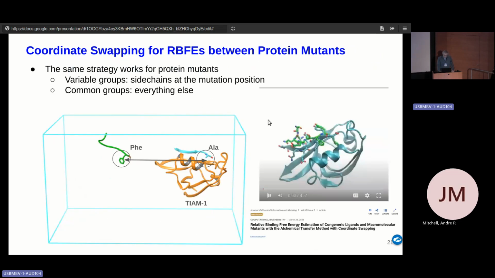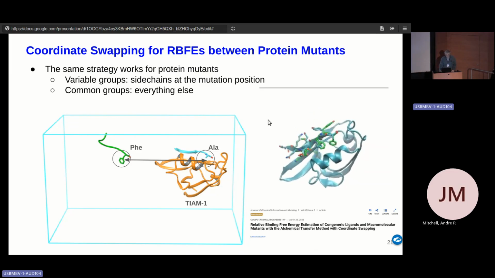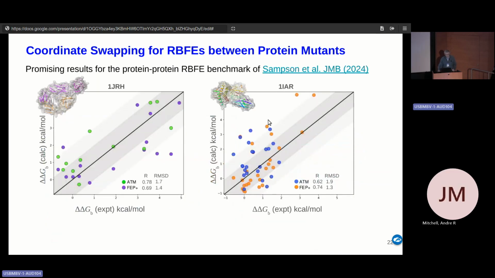But what is really nice is that now we can do mutation of side chain. So we can do RBFEs between proteins. And we've done it with peptides. And this is a data set from Schrödinger, where we actually do RBFE between proteins.